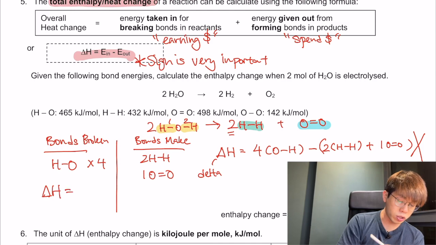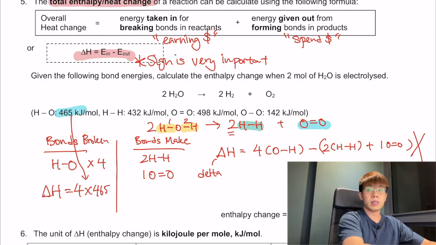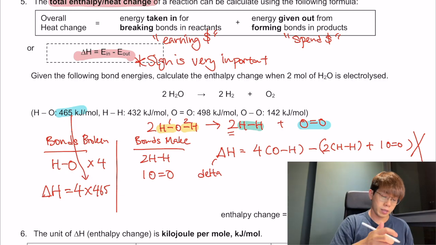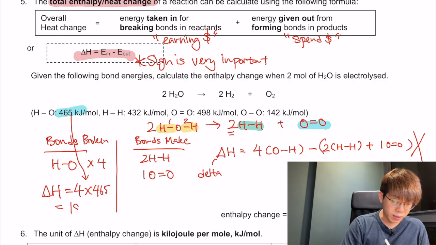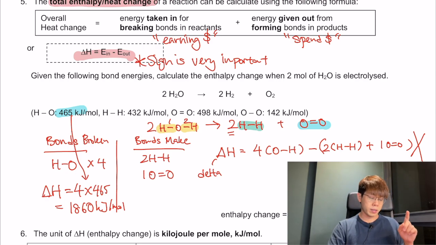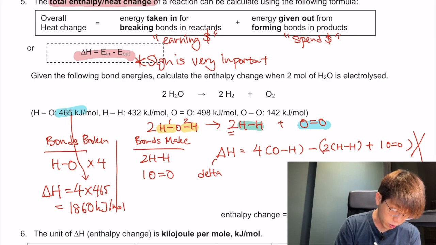The delta H over here is 4 times this one, 465, because that is the O-H bond. So let me take out my calculator. 4 times 465 is equal to 1860 kilojoules.